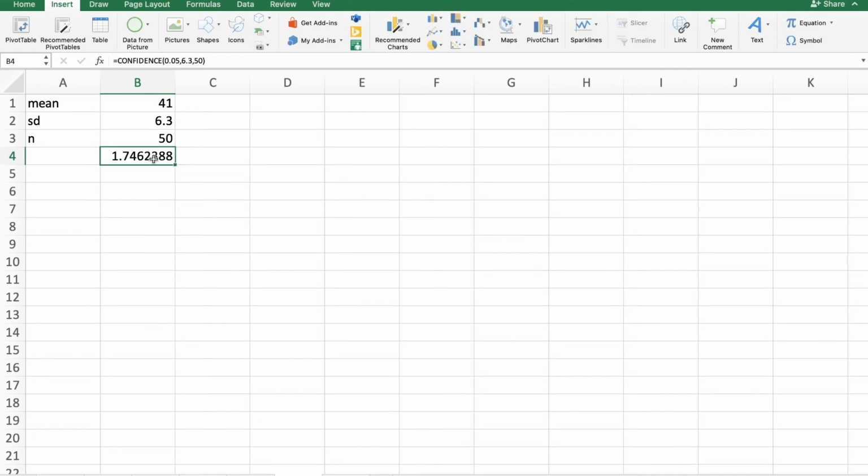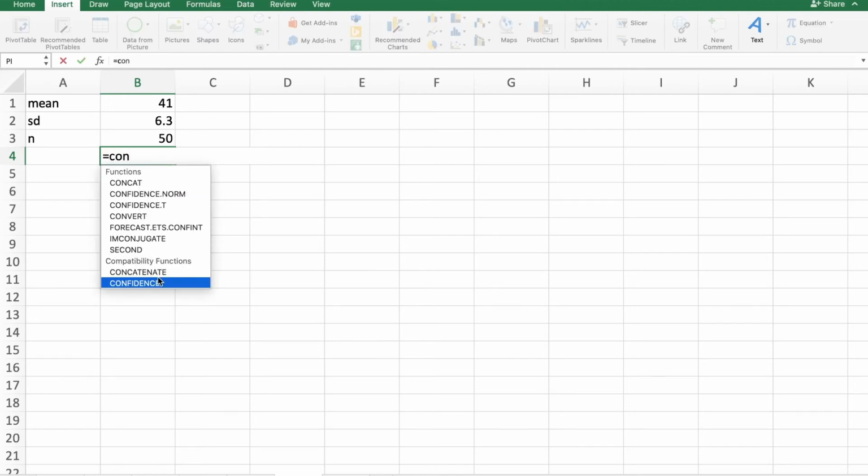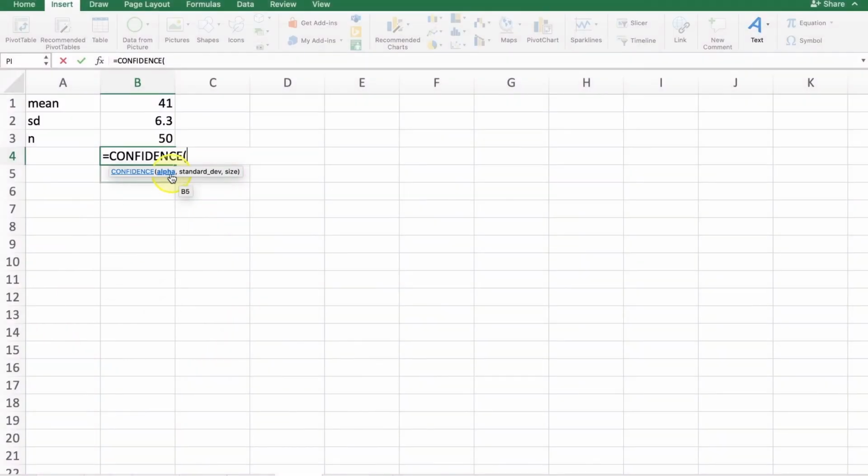So once more, equal sign, and then type in confidence. Choose the last option, confidence. Your alpha, once more, is 1 minus the confidence level.